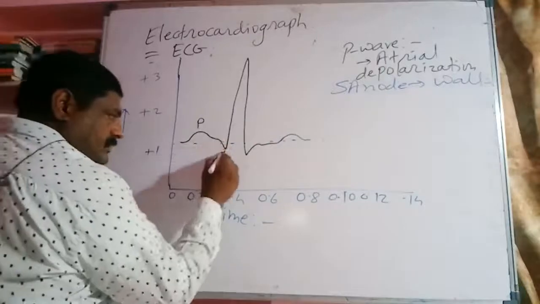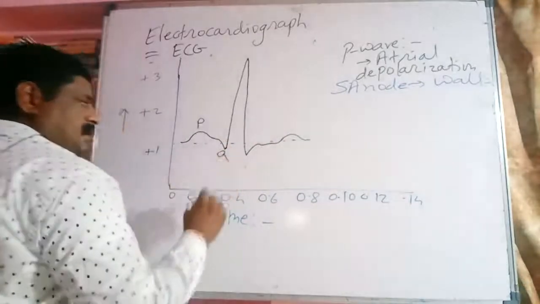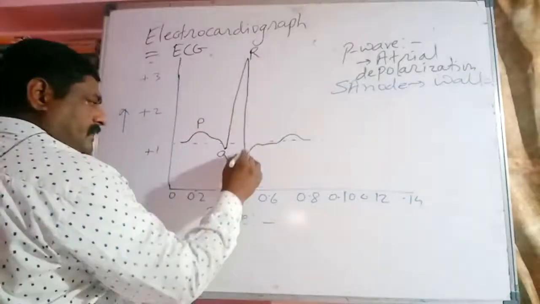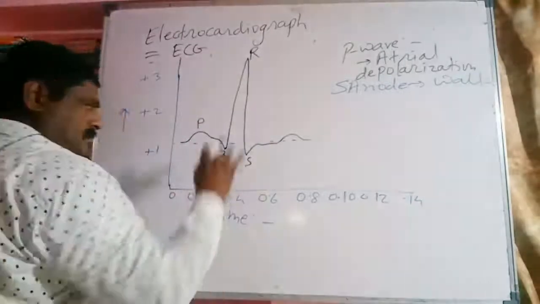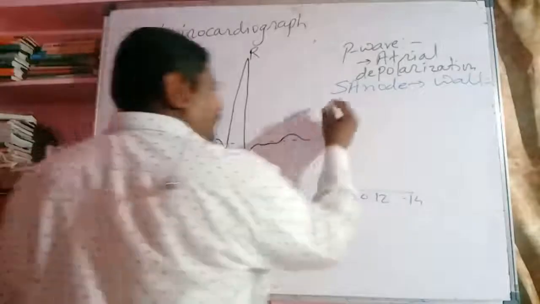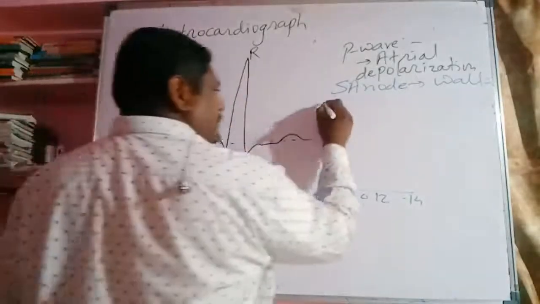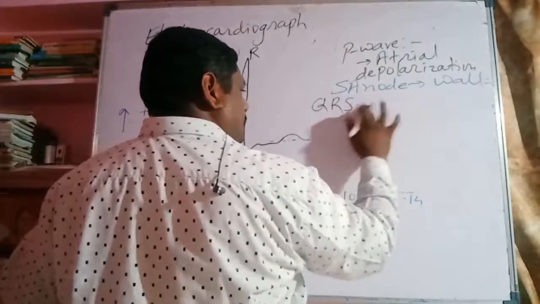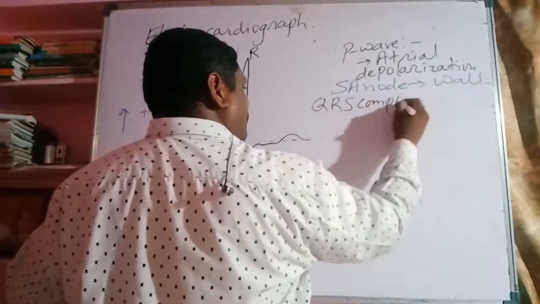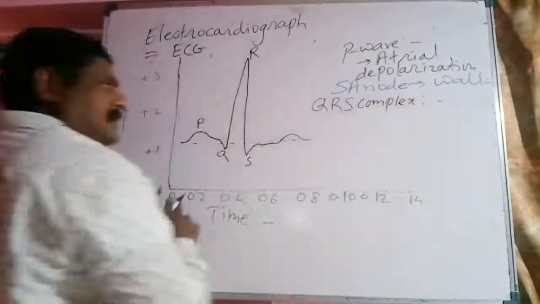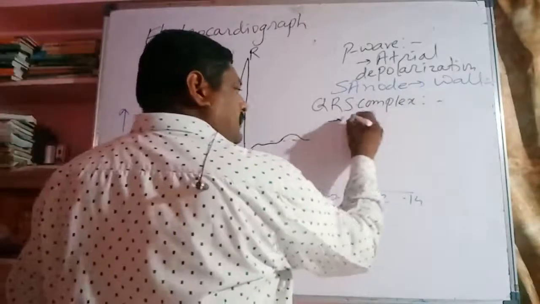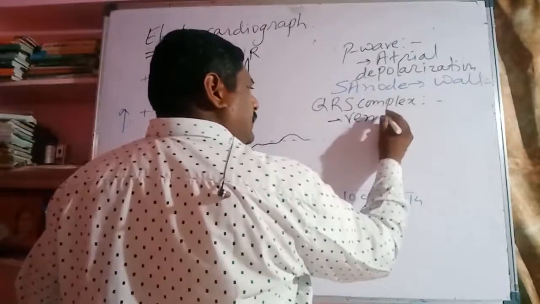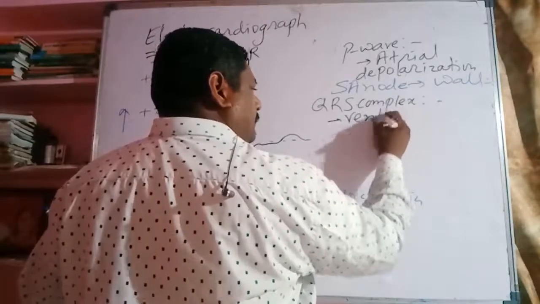Then a small downward deflection, Q, then a large upward R, then again a small downward deflection called S. So together this is called the QRS complex, a complex wave. It determines the ventricular depolarization, ventricular systole.